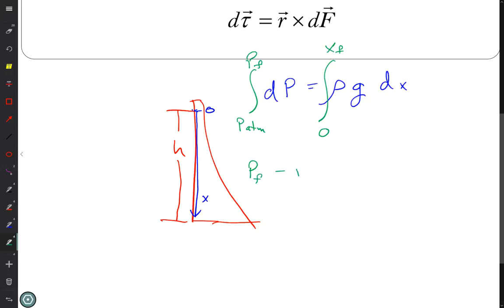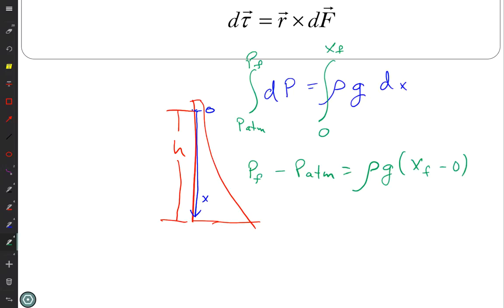There I put the limits in. The pressure final minus pressure atmosphere is equal to rho g x final minus 0. And so the pressure at any depth is easily calculable. Now let's go a step further, something I didn't have shown. How can I find the force that the water puts on the dam?